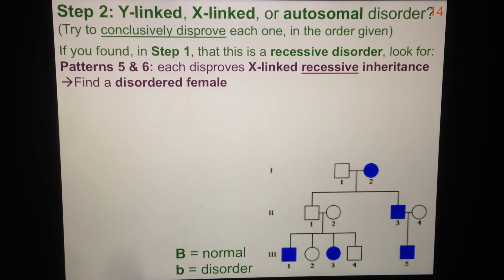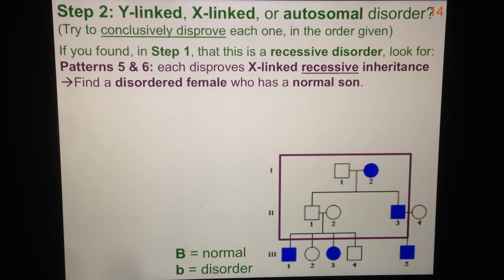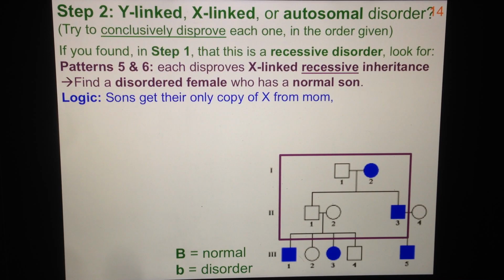For pattern 5, you need to find a disordered female who has a normal son. For example, right here, we have a female who has the disorder but has a normal son. So we found pattern 5. Why does that disprove X-linked inheritance? Let's take a look. Sons always get their Y from the dad and their X from the mom, so any X chromosome that this son has must have come from mom.